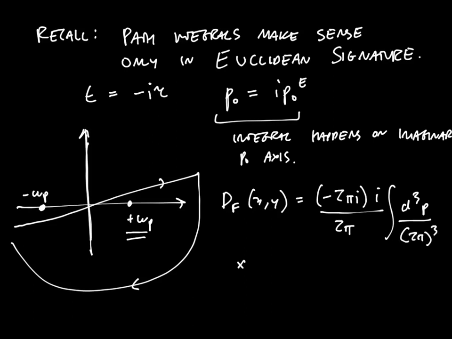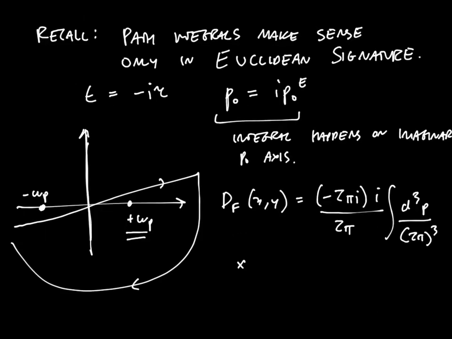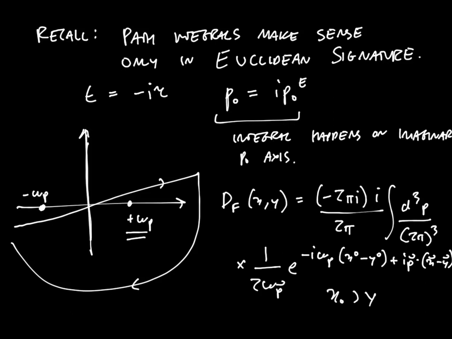The whole thing is multiplied by the residue in the p naught integral. To get the residue, I drop this factor and keep everything else, but set p naught equal to omega p. So I get 1 over 2 omega p, e to the minus i omega p times x naught minus y naught, plus i p dot x minus y. And this is the answer if x naught is greater than y naught.